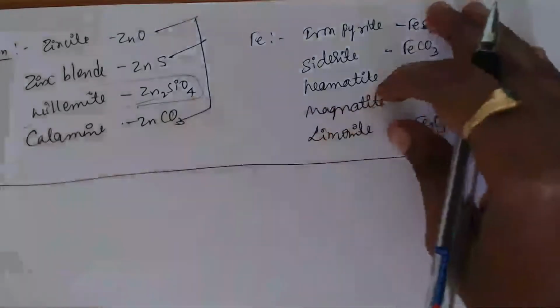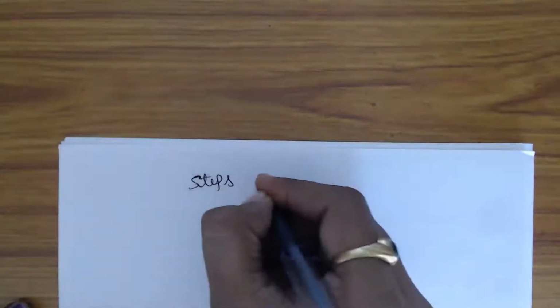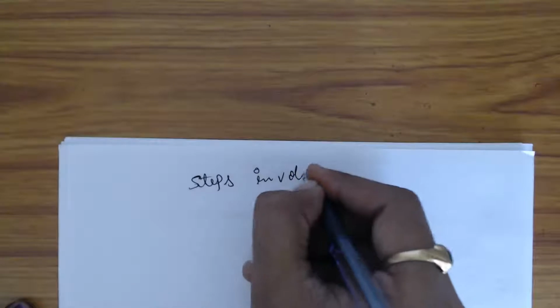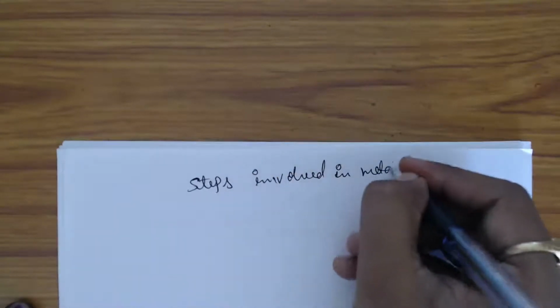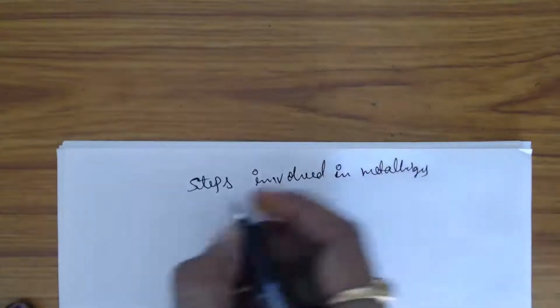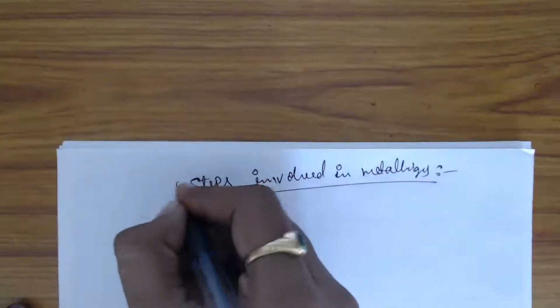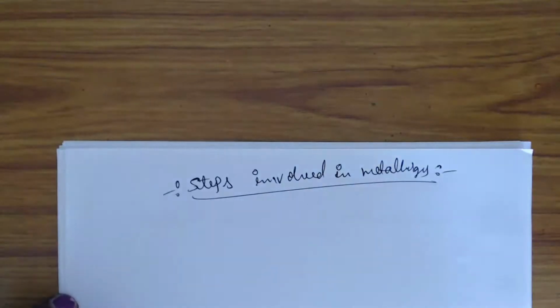metallurgy. And write like this, that is steps involved in metallurgy. So what are the steps involved here, students?